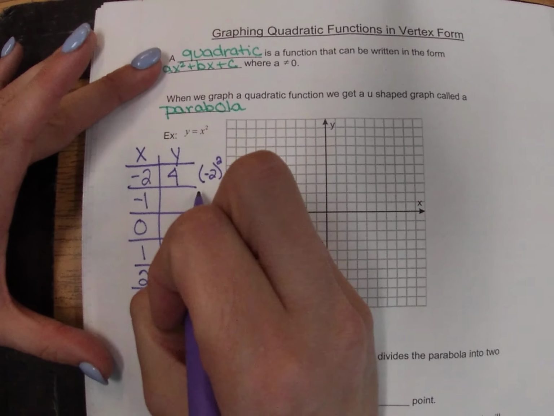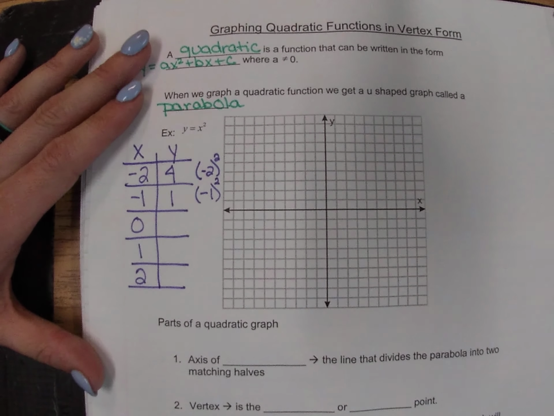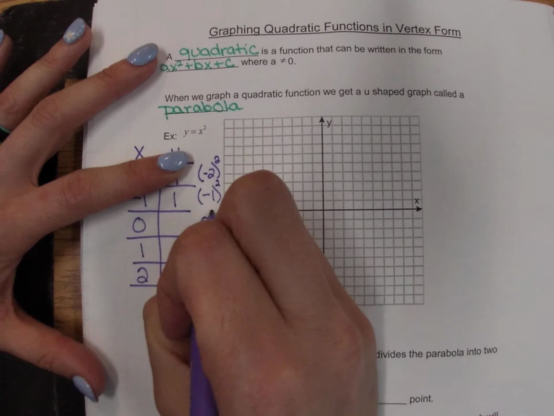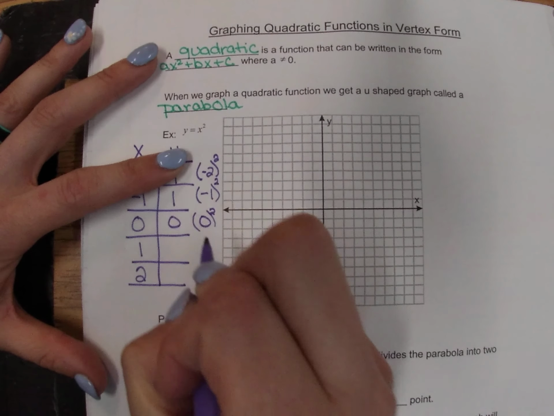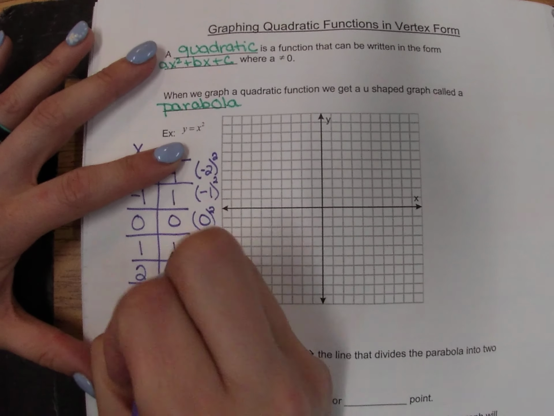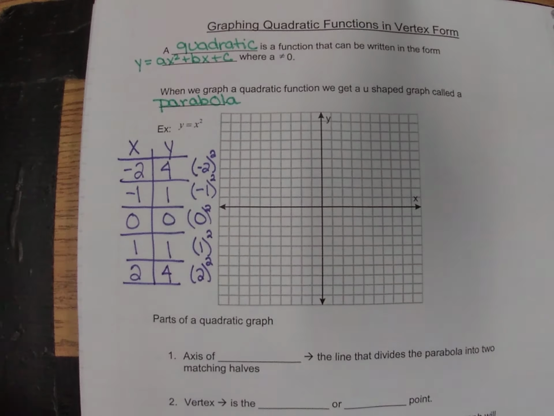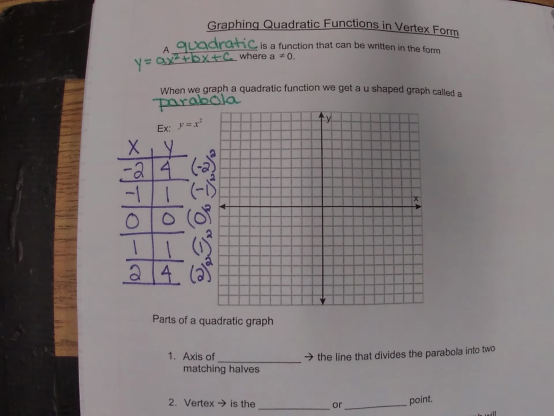And then we'll just go down the list. Now we're going to do (-1) squared, which is +1. We will do 0 squared, which is just 0. 1 squared, which is 1, and 2 squared, which is 4.